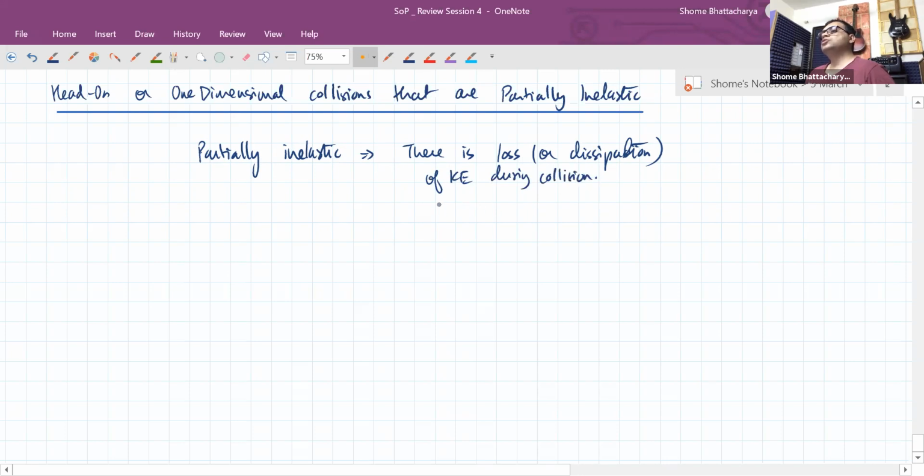And this happens due to non-conservative inelastic forces or impulses which act between the bodies which are colliding.